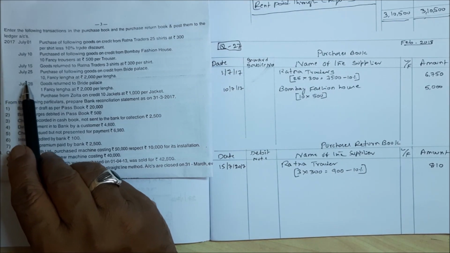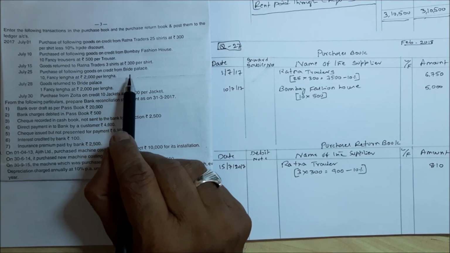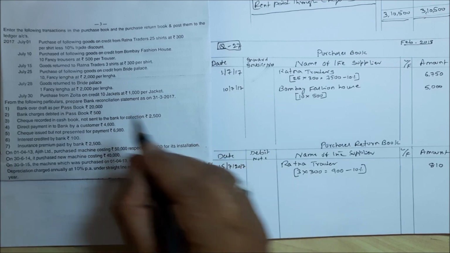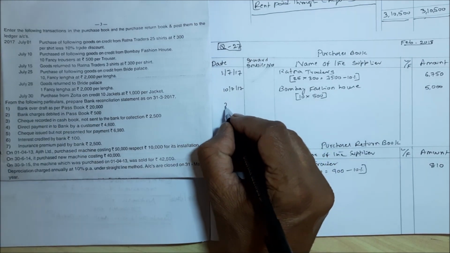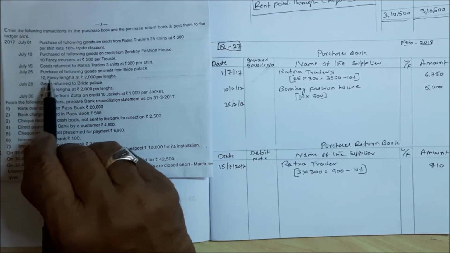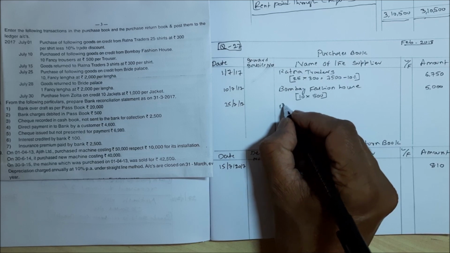Next, 25th July, purchase of the following goods on credit from Bride Palace. You have purchased the following from Bride Palace. Write Bride Palace.